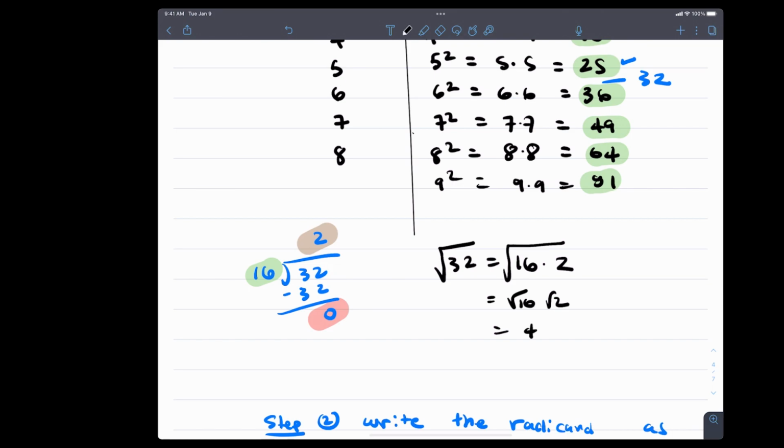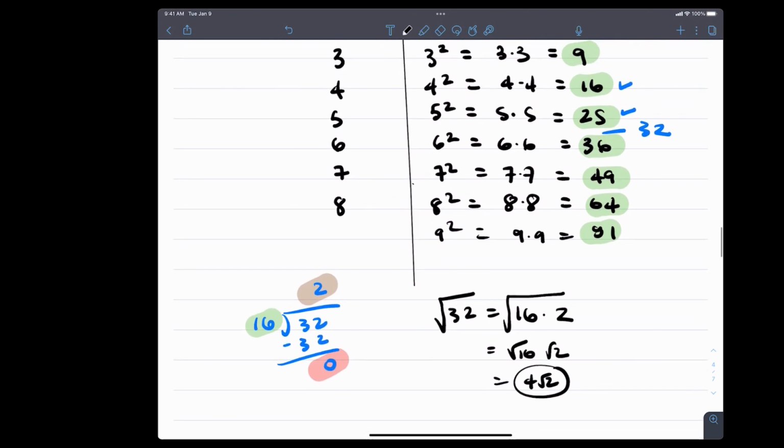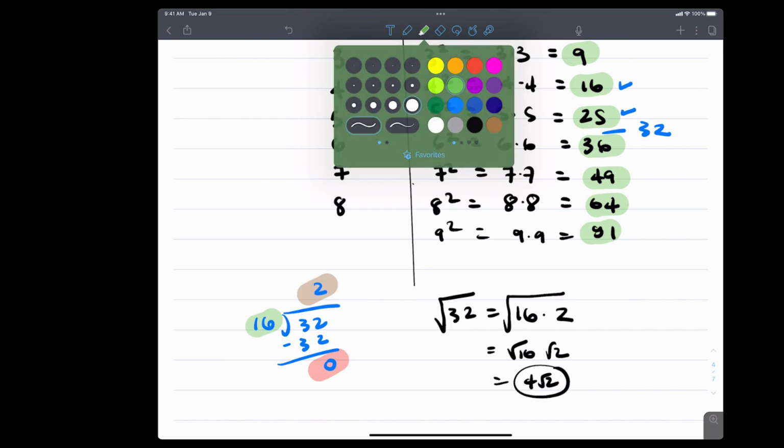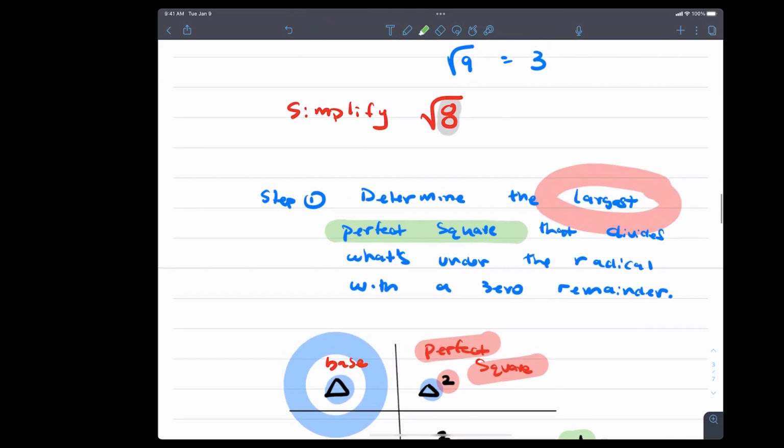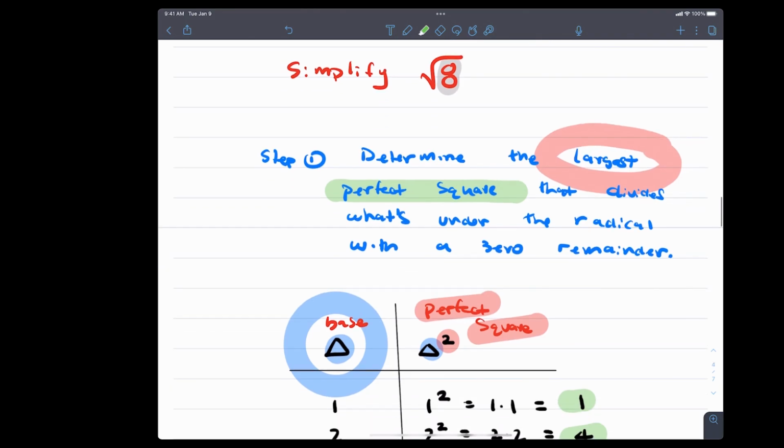And this will be 4 times the square root of 2. So ladies and gentlemen, always work backwards in that way. Always, always. Good. Because that way you're guaranteed to get the largest perfect square. Has to be the largest.